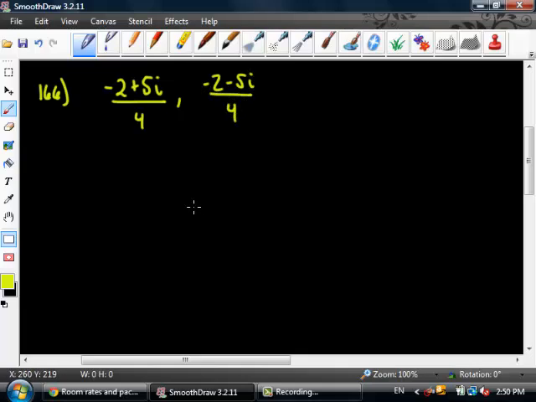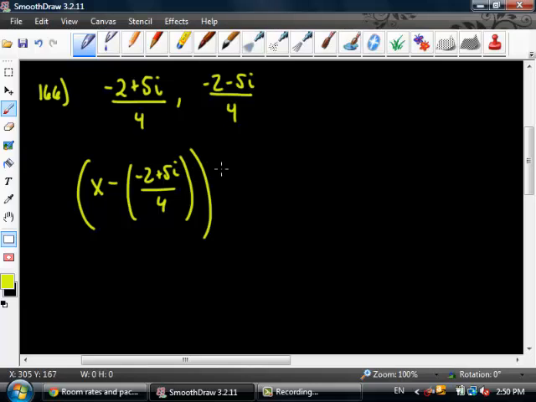Okay, everybody, go and quiet down, please. So what you have to do here is you set it up exactly the same way. It's still x minus one of the roots, -2 plus 5i over 4, multiplied by x minus -2 minus 5i over 4.